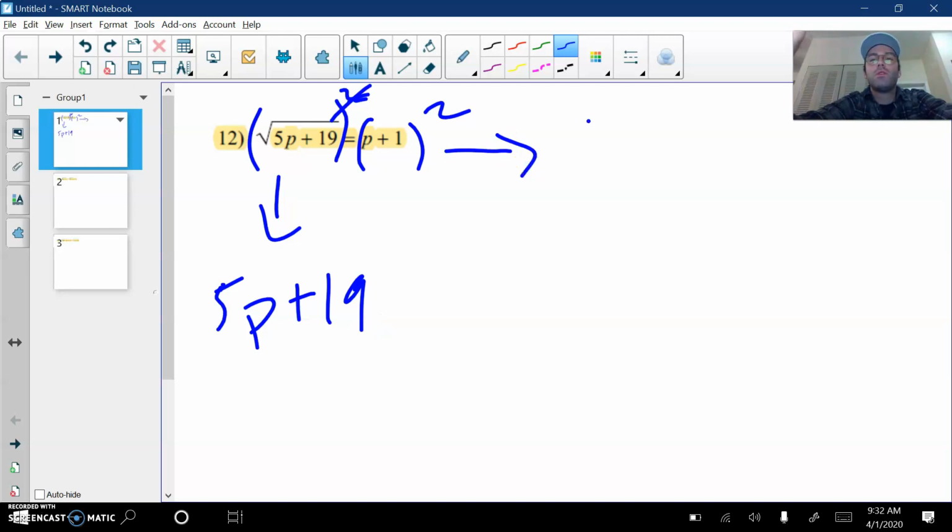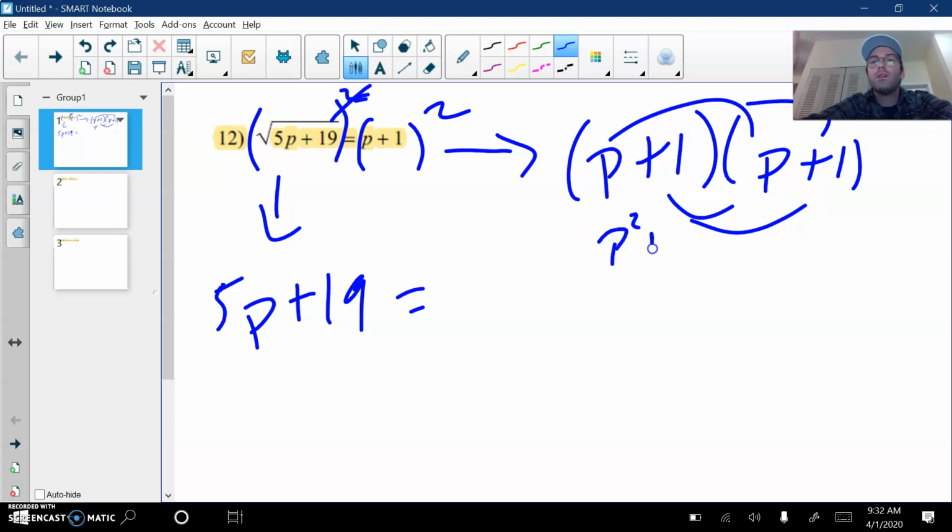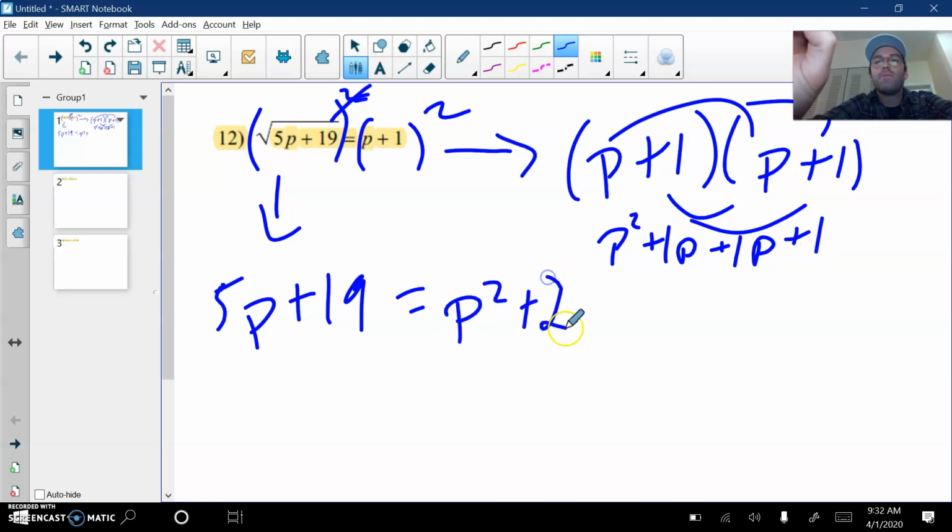Here, remember, p plus 1 squared is p plus 1 times p plus 1. So I have to FOIL, okay? First, outer, inner, last, all that good stuff. You'll get p squared plus 1p plus 1p plus 1, which is really p squared plus 2p plus 1.